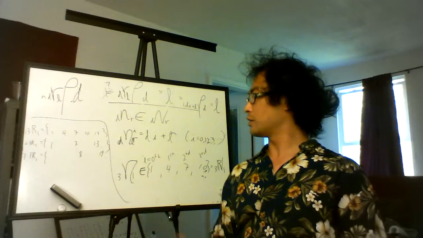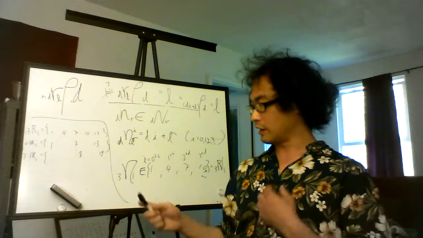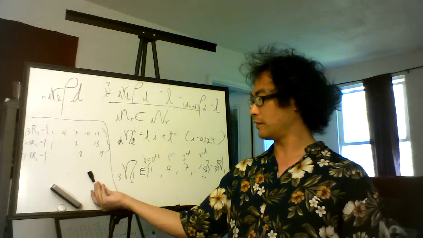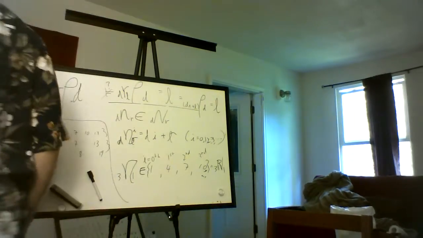Why? Because it's a number. It's a natural number, right? We are just categorizing natural numbers into three categories according to the divisor.